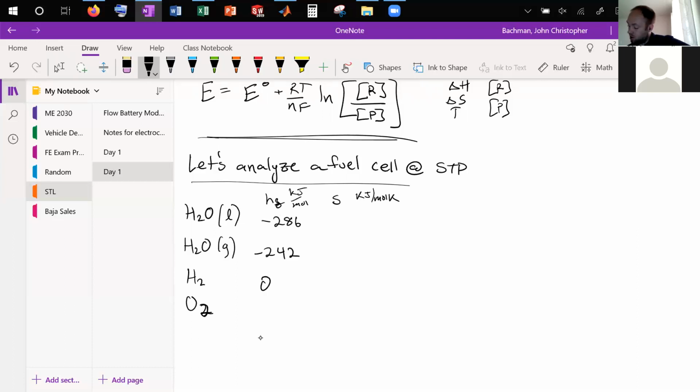And when things are in their elemental form, their lone element in their most stable form, that's usually the reference as 0. So then we have 0.07, 0.188, 0.131, 0.205.